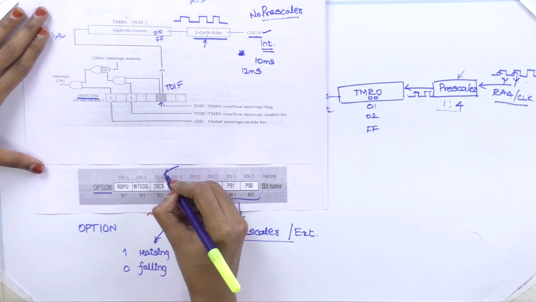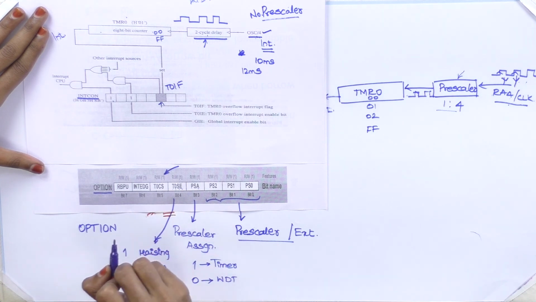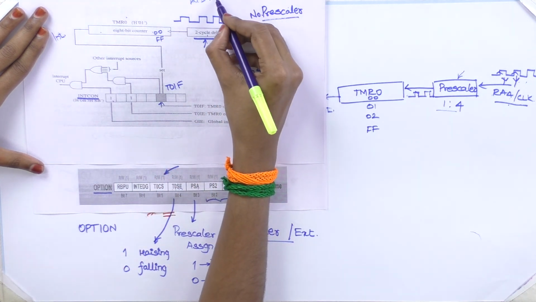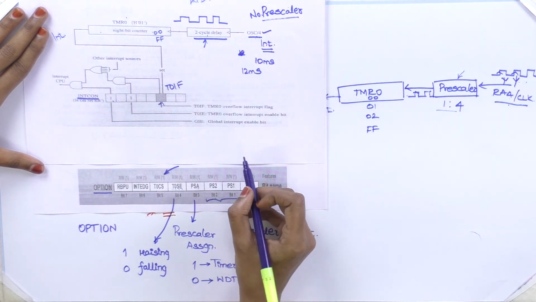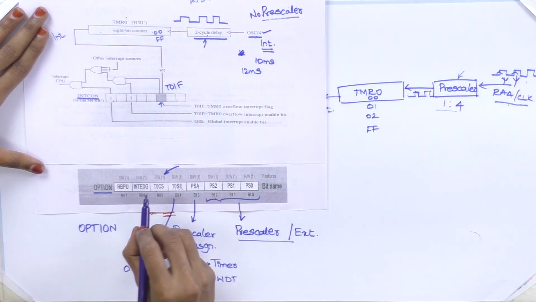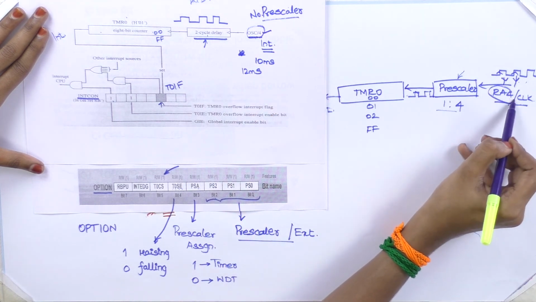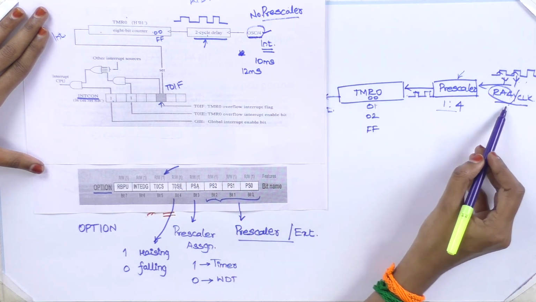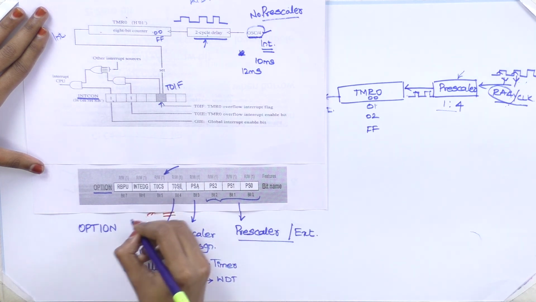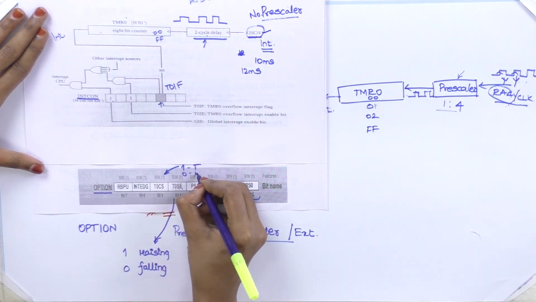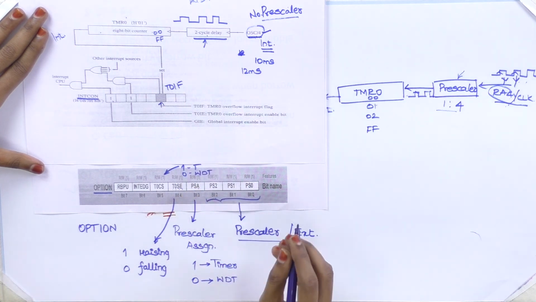And the next thing is timer 0 clock select. I have already told you this can be used for timer function or for the watchdog timer. So if we want to use this input clock, either internal or external, for timer function or watchdog timer: if it is 1, we are using it for timer; if it is 0, we are using it for watchdog timer.